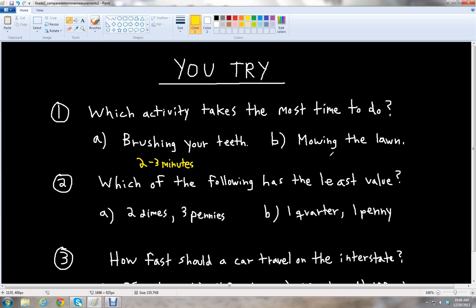And then mowing the lawn would probably take a little bit longer, depending on how big or small your yard is that you want to cut the grass. So this would probably take maybe 1 to 2 hours on average.